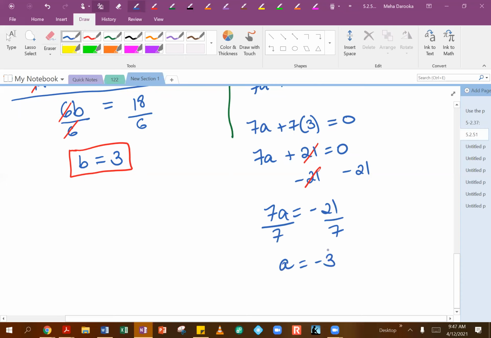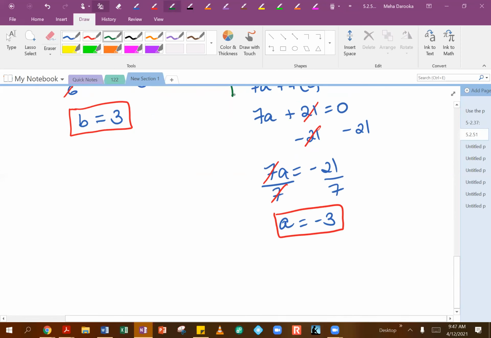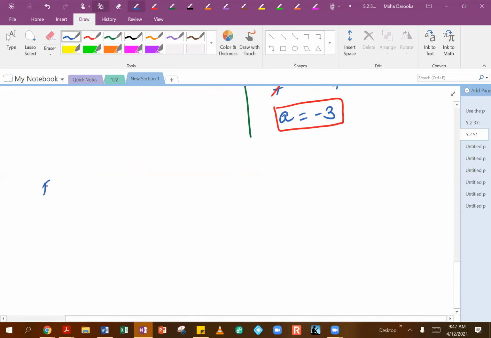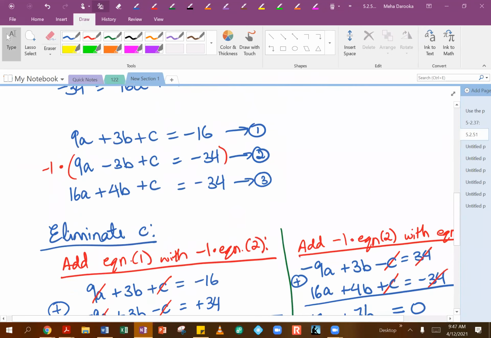Okay, so now that we have both our A and B values, all we have to do now is go back to one of the original equations and go ahead and find the C variable. Alrighty. So let's see, one of our original equations. I think I'm just going to use equation 1 over here, but obviously you can use any one of those three.